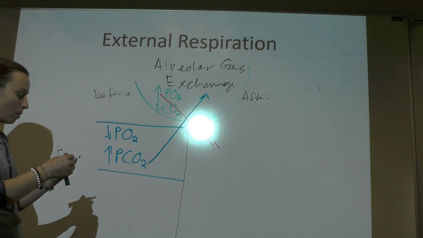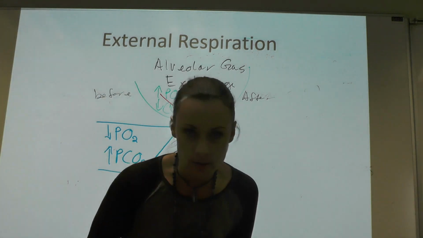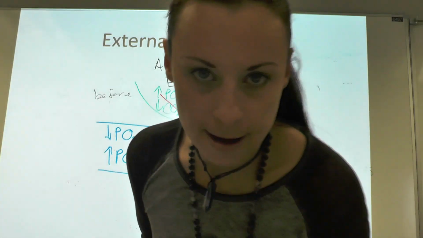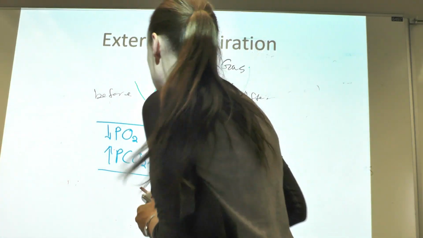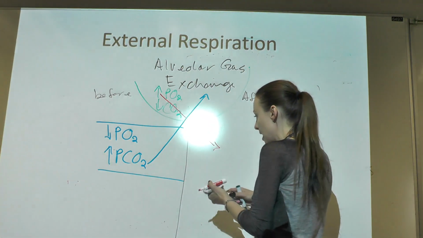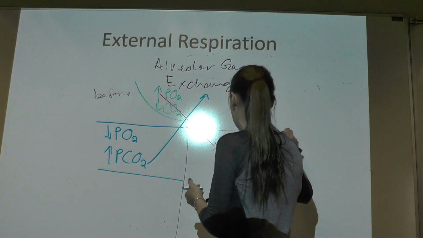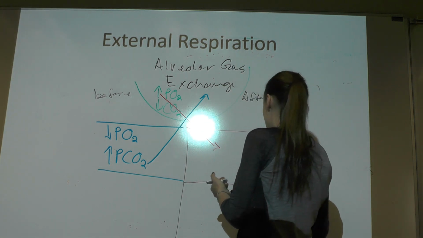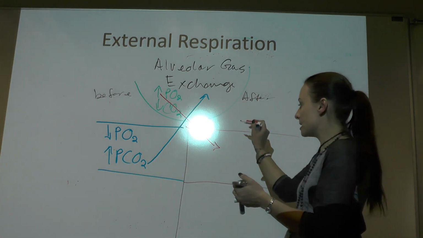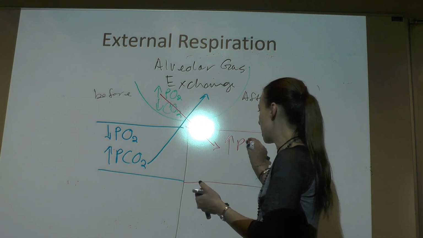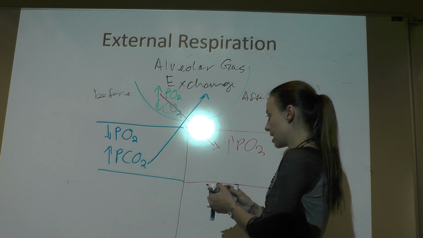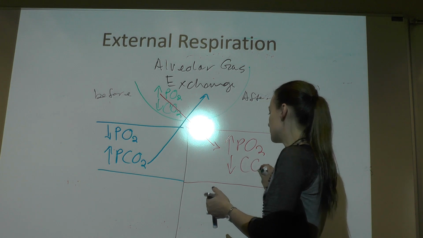And now I've had external respiration, or alveolar gas exchange. So if I look at this blood that's entering my pulmonary venules to drain into my pulmonary veins, it now has a high partial pressure of oxygen and a low partial pressure of CO2.